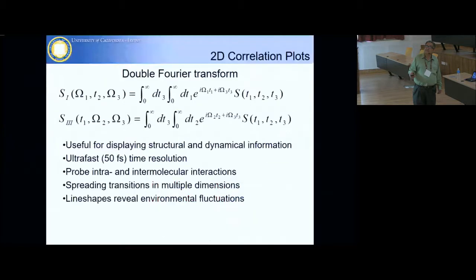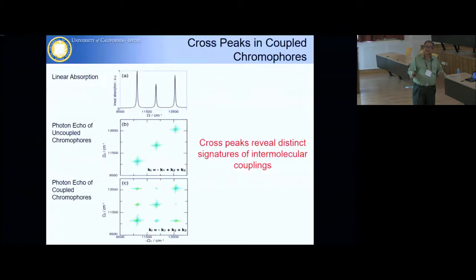Then, in order to calculate spectra, you take these signals as a function of, let's say, three time delays, do a Fourier transform, and plot it in the frequency domain. That's what people do in NMR, and that's what people do in optics. For example, if you have uncoupled systems, you get only diagonal peaks.